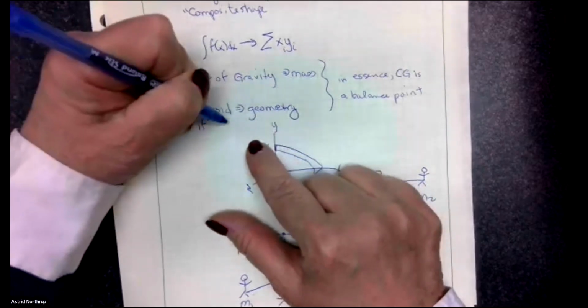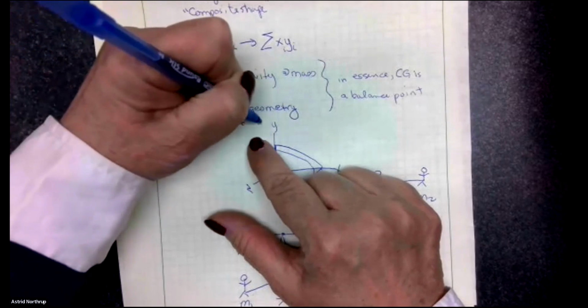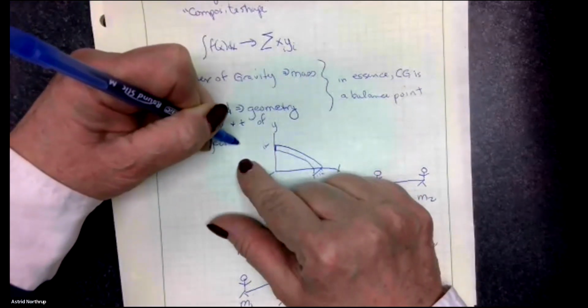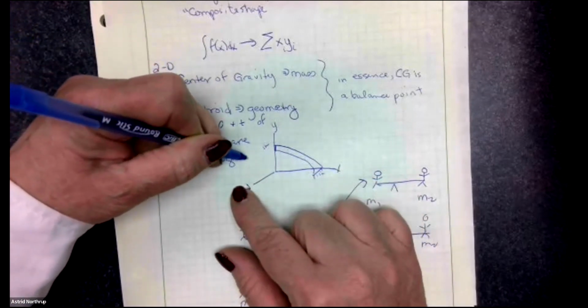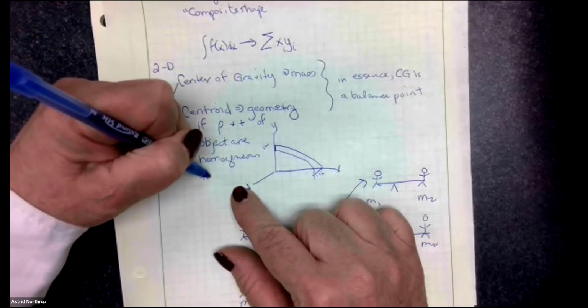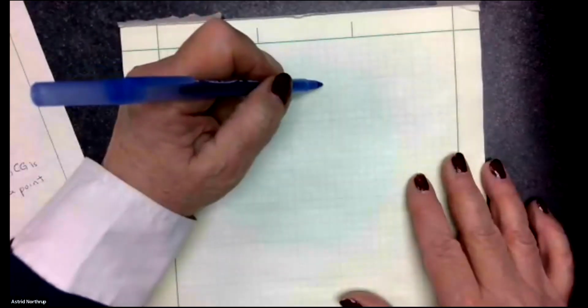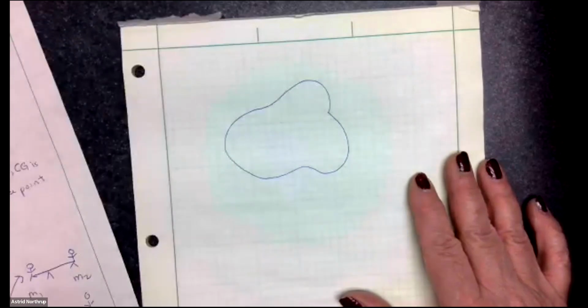Now, a centroid, which is geometric, the centroid and the center of gravity will correspond if and only if the density and the thickness of the object are homogeneous throughout. Meaning, if we have some sort of a blob, this is in 2 dimensions, right?